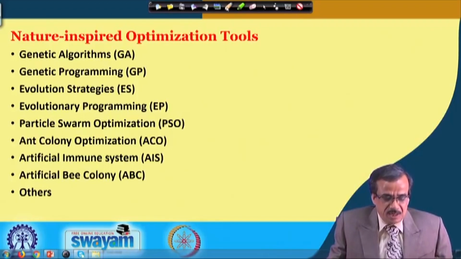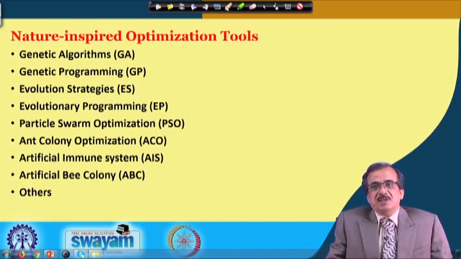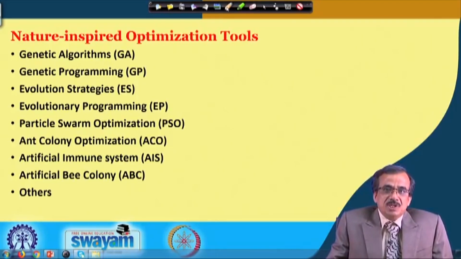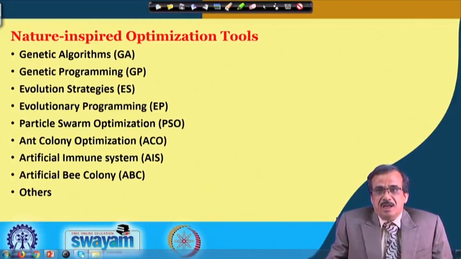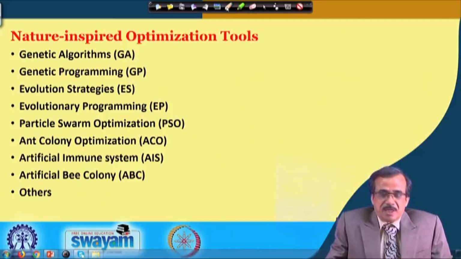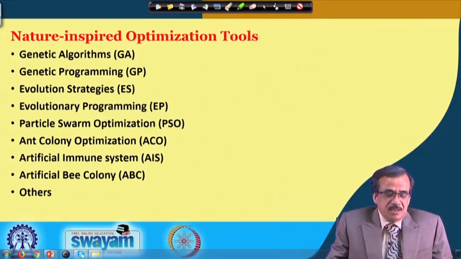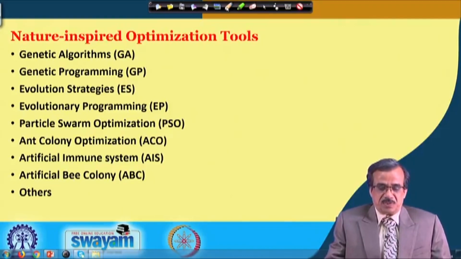If you see the literature on optimization, a huge literature is available. There are a large number of classical or traditional tools for optimization, also known as the conventional methods of optimization, and there are a few unconventional or nature inspired optimization tools.